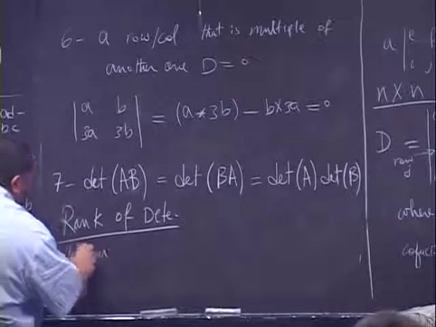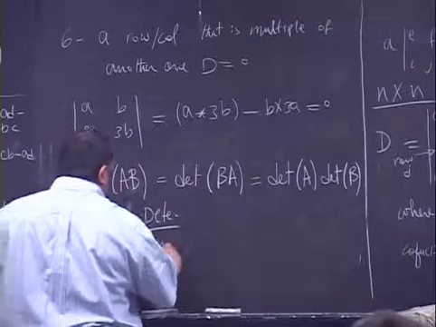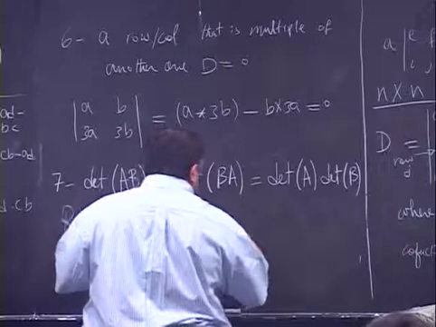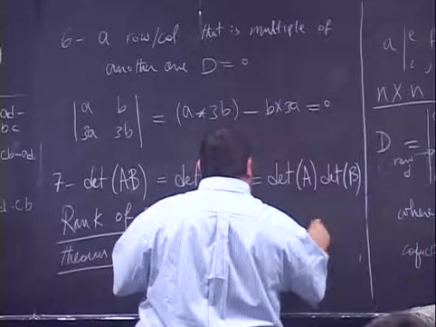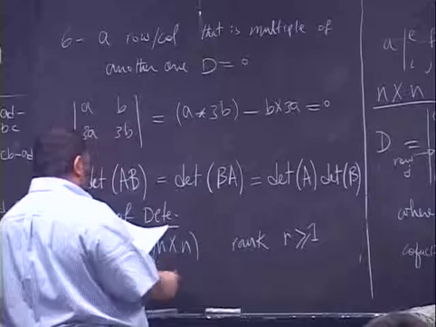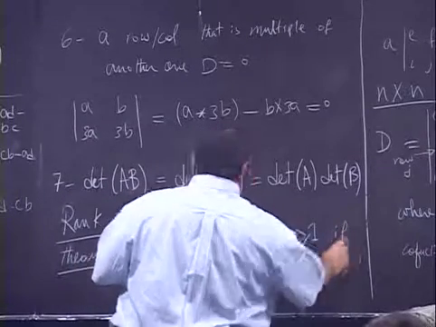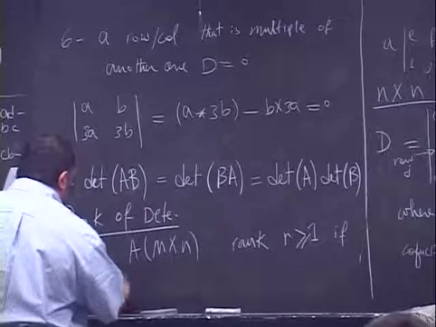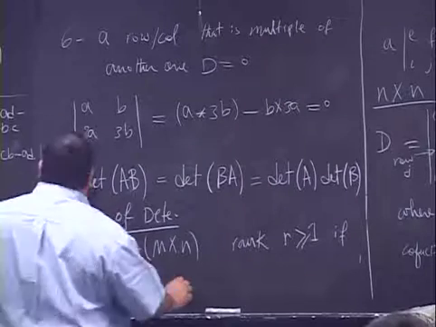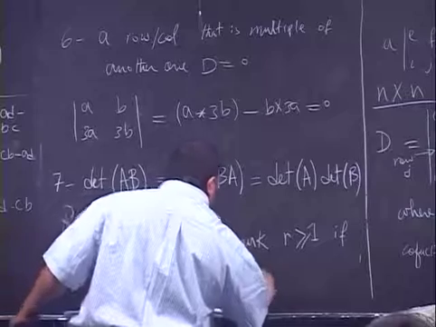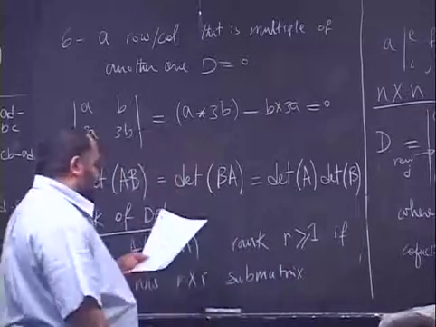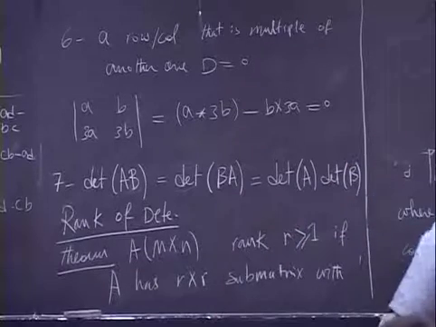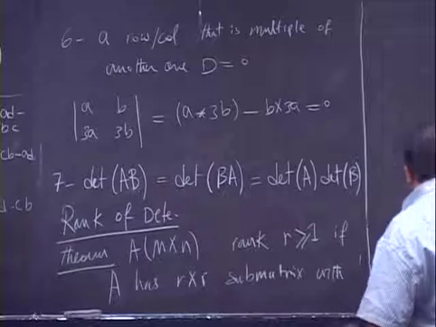We have a theorem that states that if A is an M by N matrix, it has a rank R greater than or equal to 1 if this matrix A has an R by R submatrix with non-zero determinant, and any R plus 1 by R plus 1 submatrix will have a zero determinant.